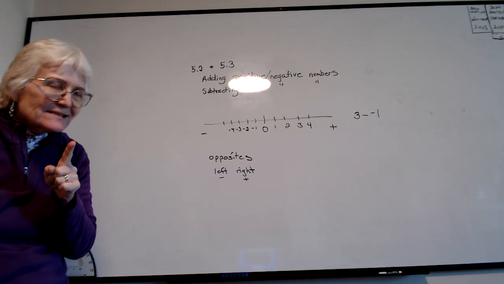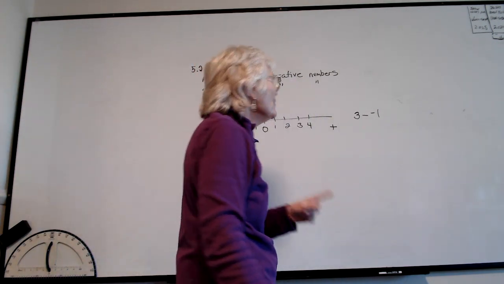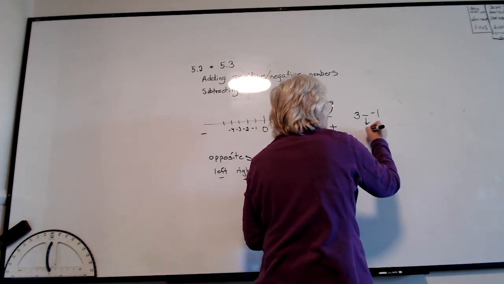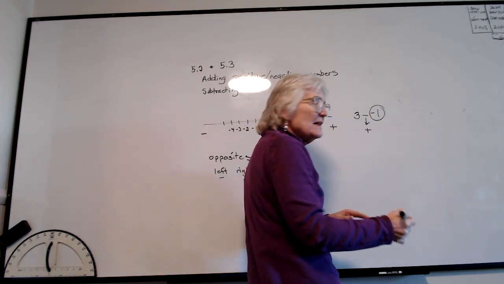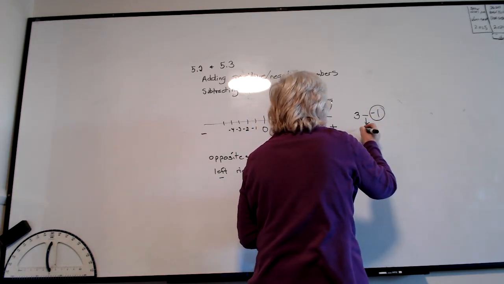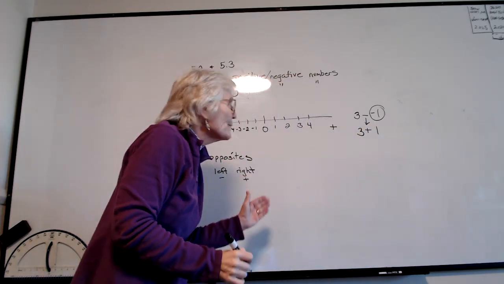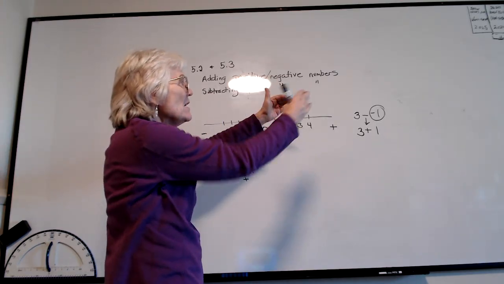What this says is, remember, it's adding the opposite, so I could change this to an addition sign, okay? And then we take the opposite of -1, and that becomes a 1. So that's using the definition. 3 minus, which is really the same as adding the opposite.